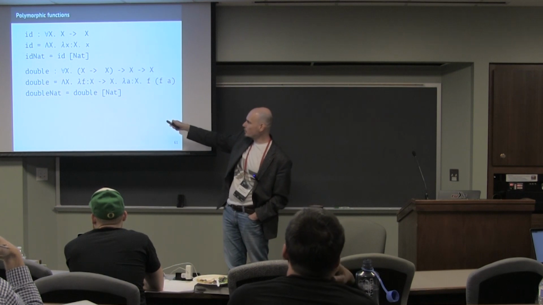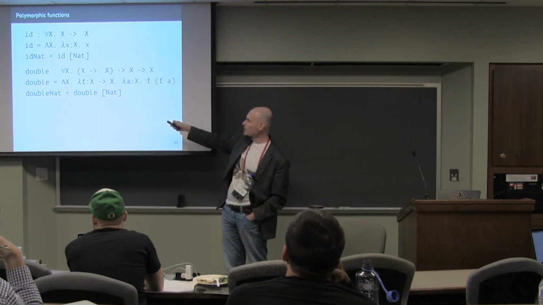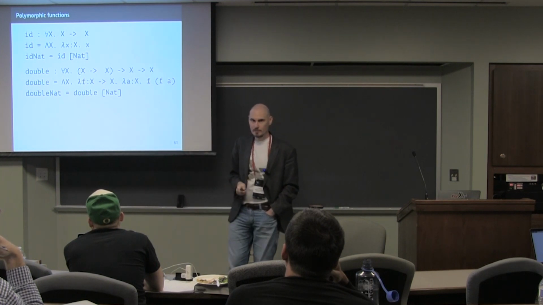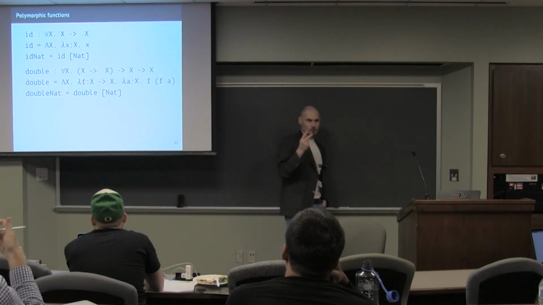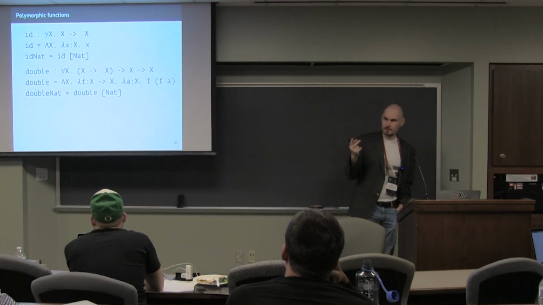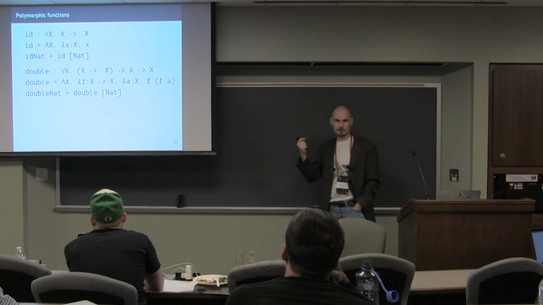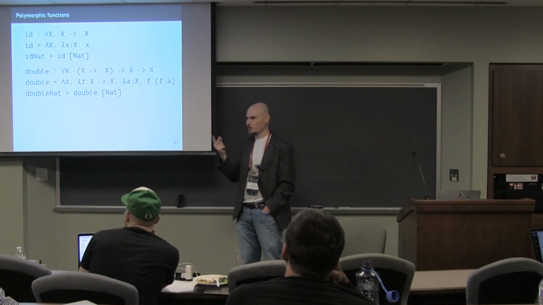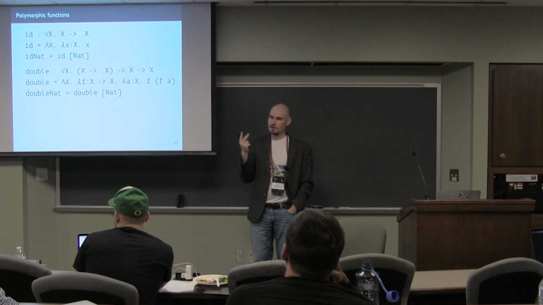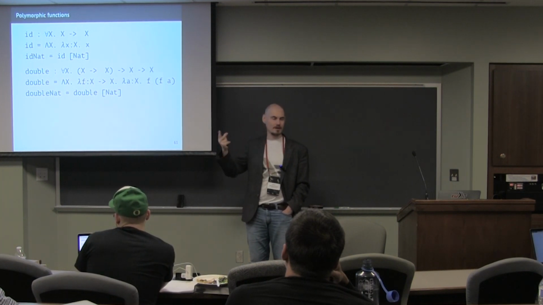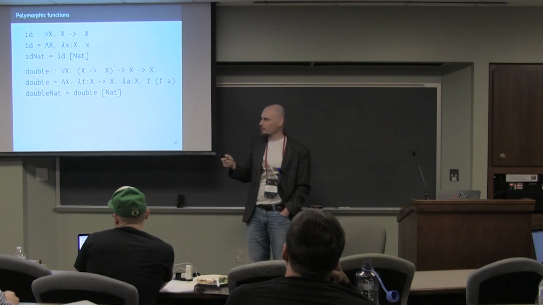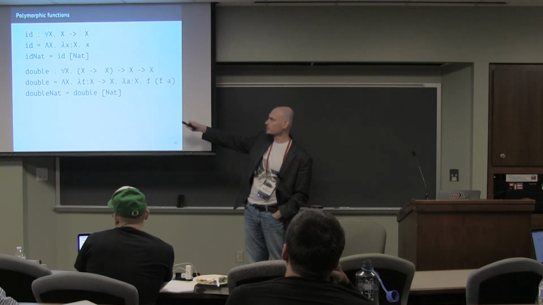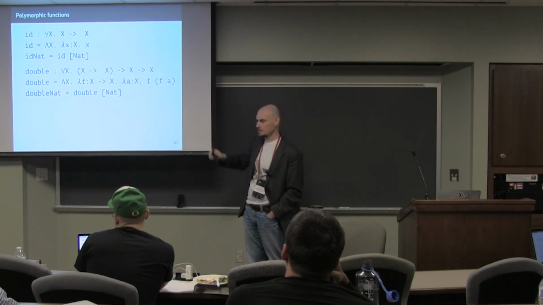So these square brackets here are used for providing arguments for these big lambdas. So basically we have two abstractions, one for types, another for values, and we have two applications, one for types, another for values. Application for types will use these square brackets here.